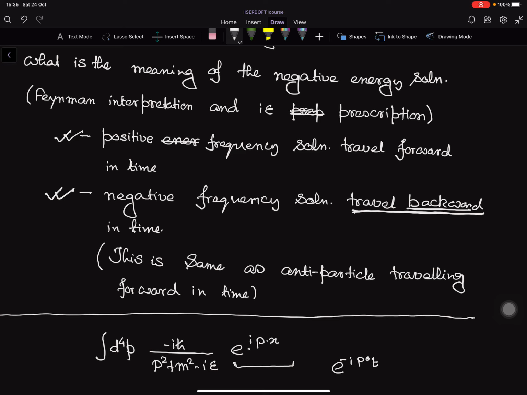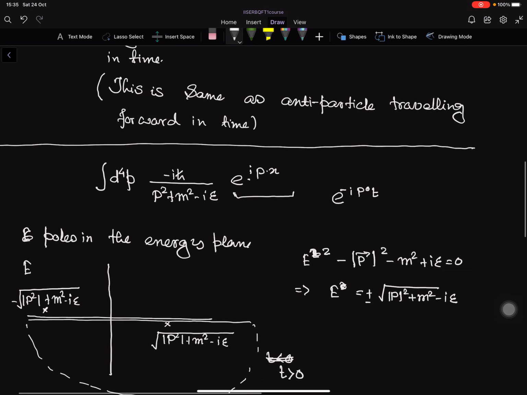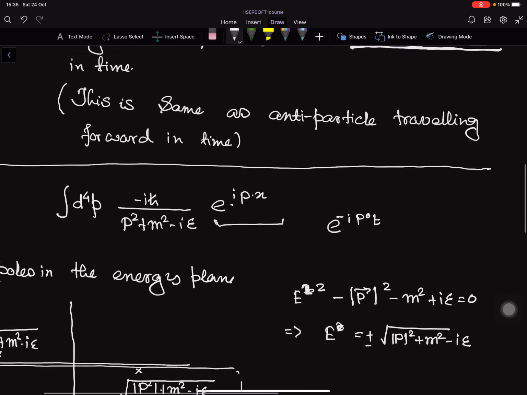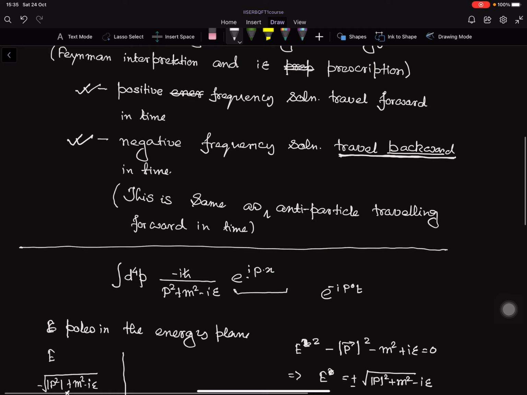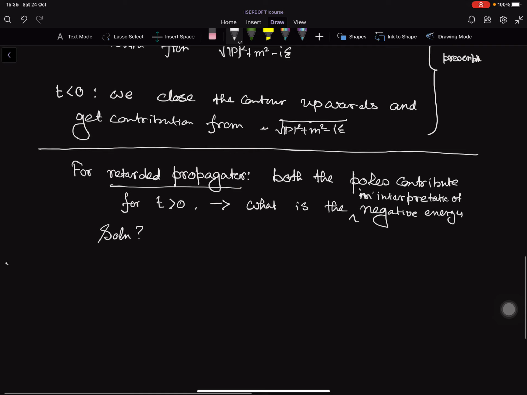These negative frequency particles traveling backward in time can be explained as positive energy, the same as a positive energy antiparticle traveling forward in time. Okay, so the epsilon prescription does this job.